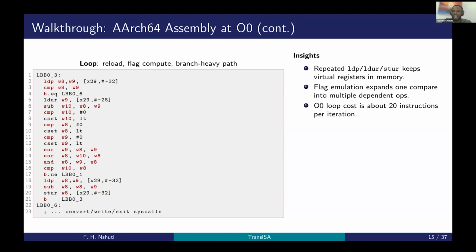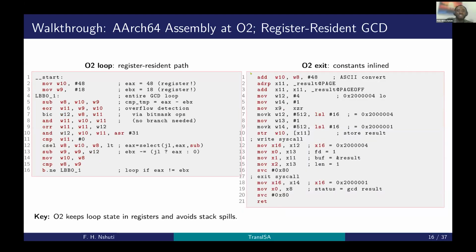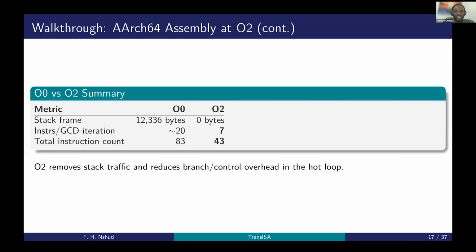So we've seen that the O0 loop has 20 instructions per loop iteration, and when we use optimization 2, the loop states are kept in registers to avoid that stack simulation, and we have more efficient and reduced instruction output code.